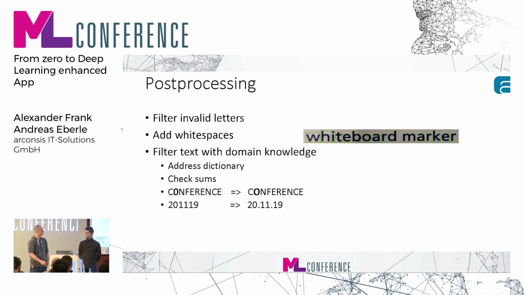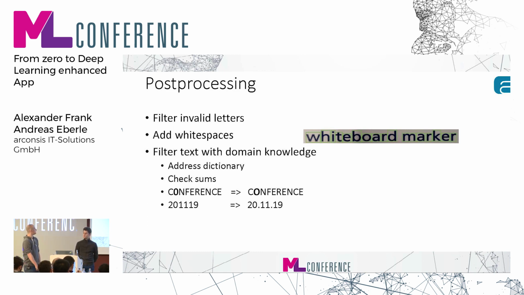Until now, we don't have any white spaces. So we fill in the white spaces where we know them, because from the mean size of the boxes in such a section we can infer how big a white space has to be, so we can just insert a white space there to get the words out.